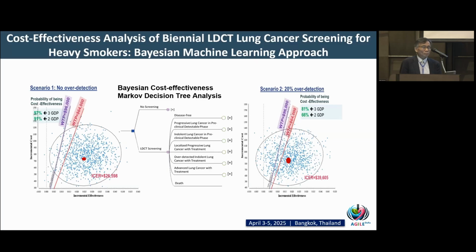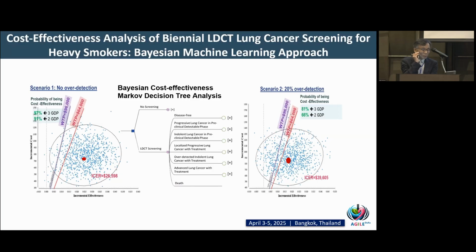So my job actually is what I add today. I heard about AI from Professor Woodcourt, and I think one of the AI missions is to do the cost-effectiveness analysis. So you can see I use the Taiwan scenario as an Asian background.